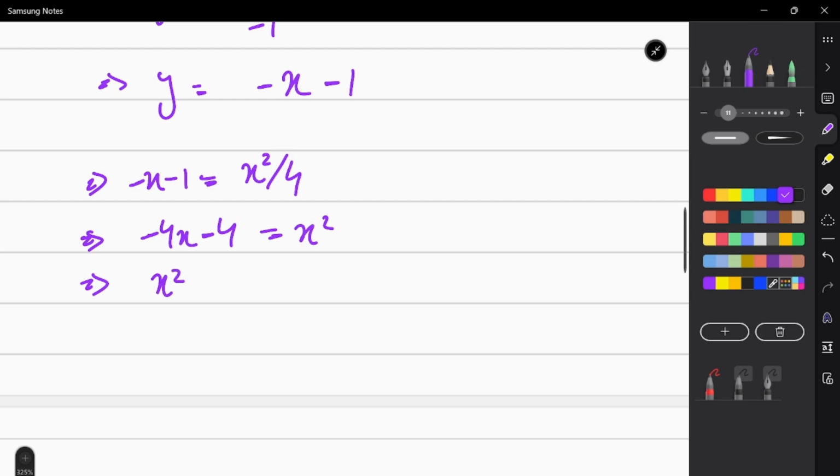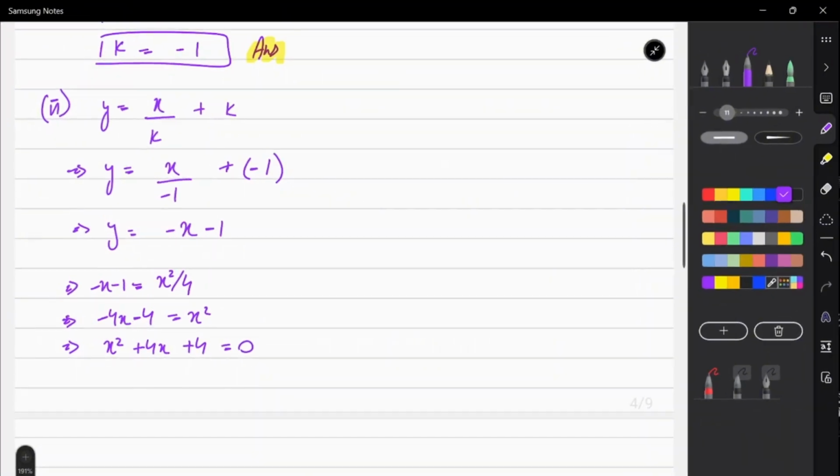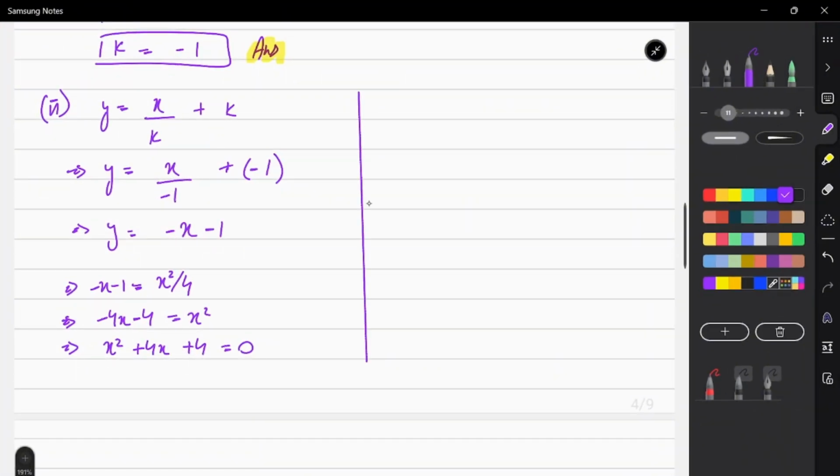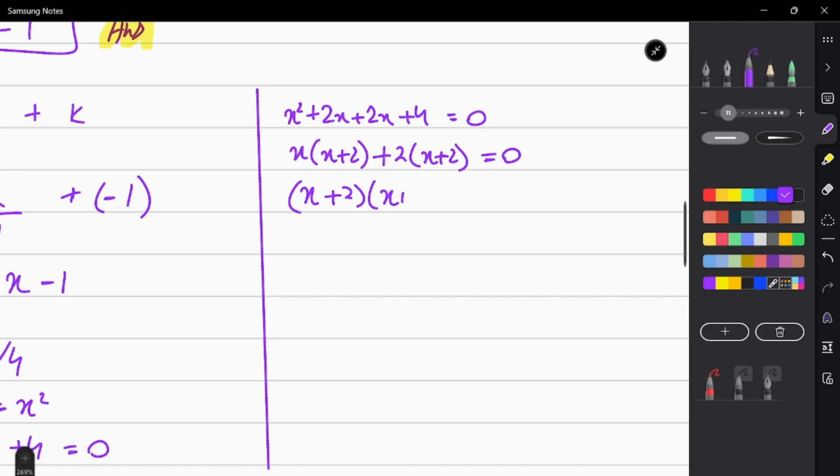And this is our quadratic equation. Time to factorize this. x squared plus 2x plus 2, by the middle term break, and we have two real and equal roots here, x plus 2 and x plus 2. We're going to be taking any one. We get x equals minus 2.